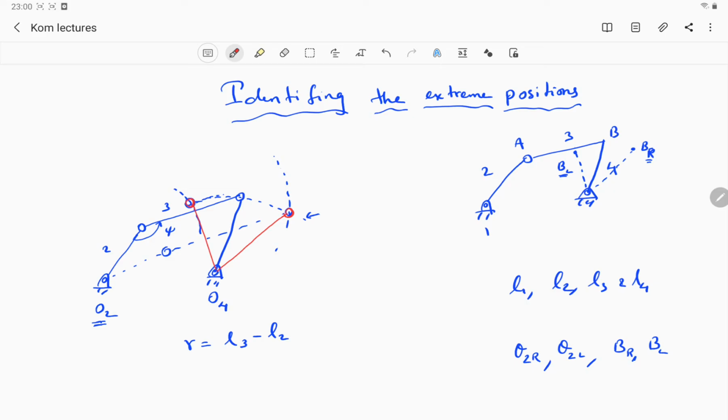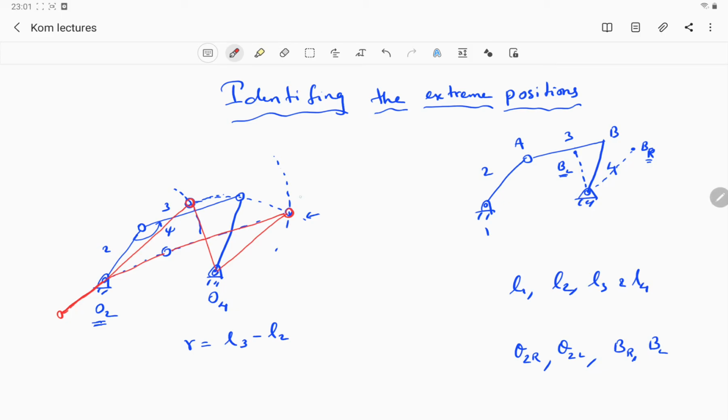In one we have link 2 and link 3 like this, and here we have a solution where this is link 2 and that's link 3.